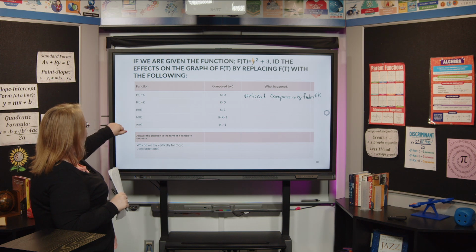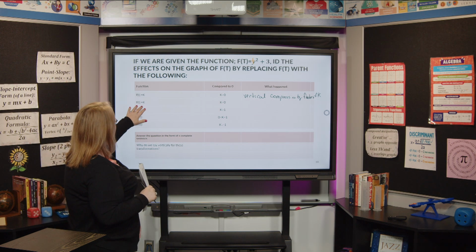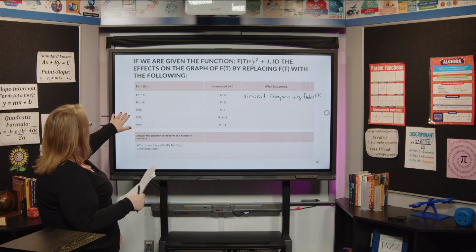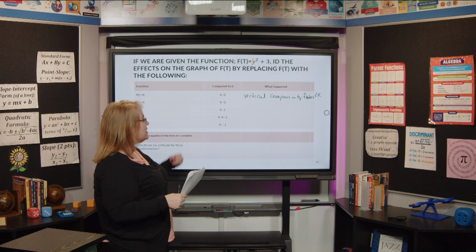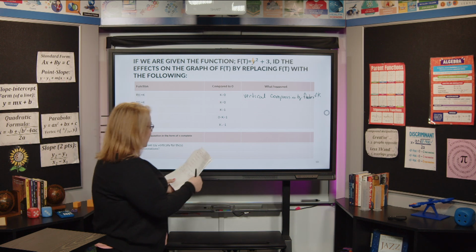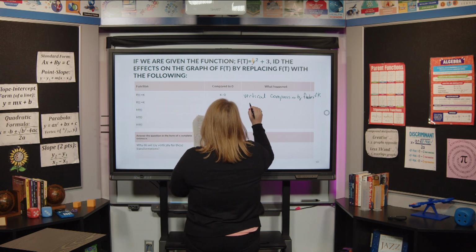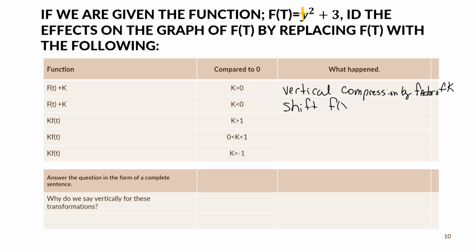So what happens when I take this and I am adding k, but now k is less than 0? Exactly right. I'm going to get a shift f of t down k units.